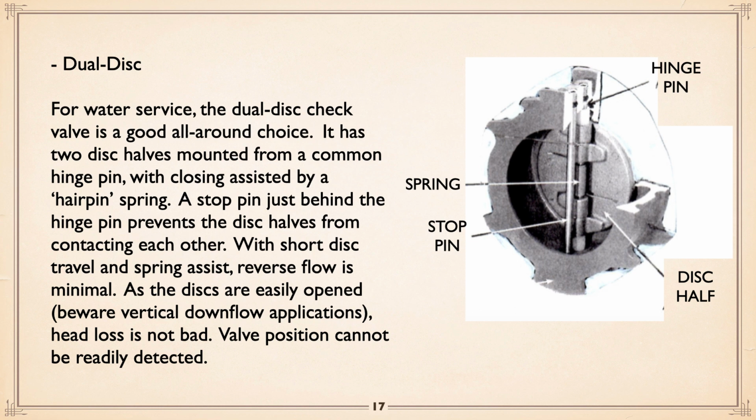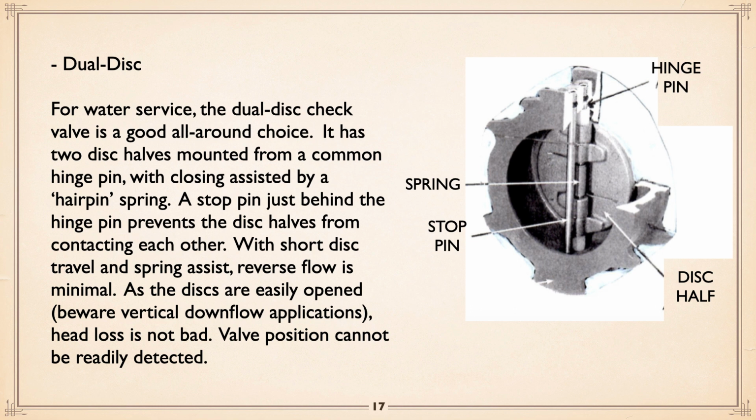They have very little movement when a pump shuts off, so they're pretty good at preventing or minimizing water hammer. And there's a stop pin behind them so the discs can't flop to either side more than they should. And as I say, with the short travel and spring assist, reverse flow is minimal, the discs are easily open, so beware vertical downflow applications. And head loss is not bad with these.